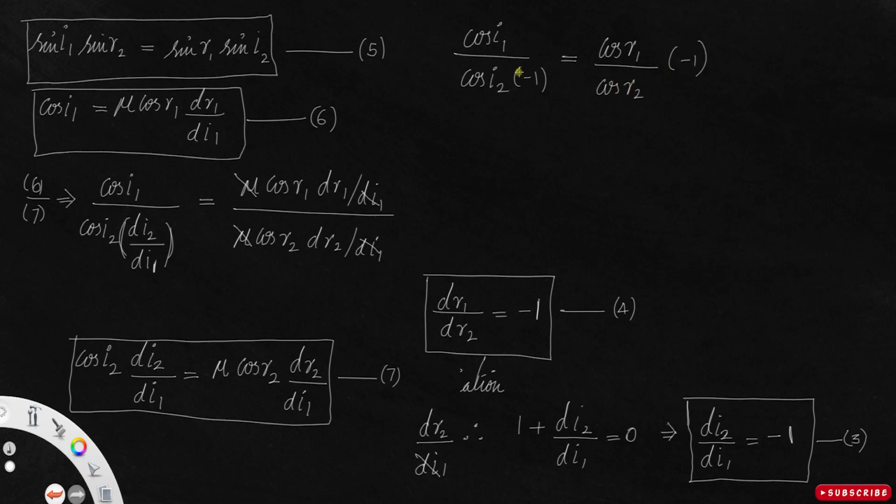Clear? And if you take this minus to the right, minus 1 into minus 1 becomes plus. So I can remove this negative sign. And if you cross multiply, you will get cos I1 cos R2 equal to cos R1 cos I2. Clear? Let's call that equation number 8.